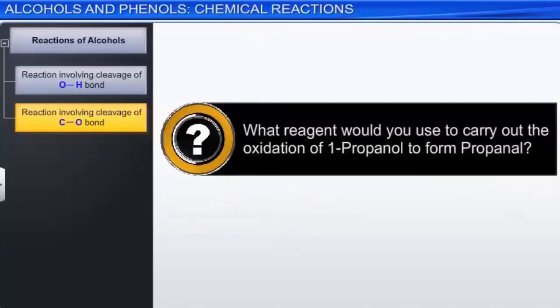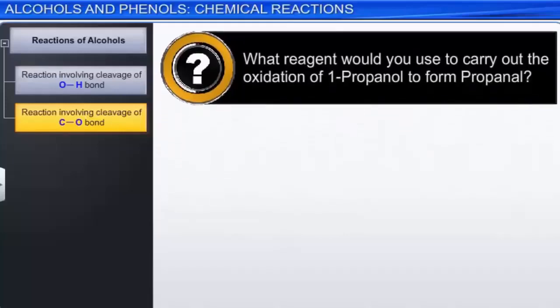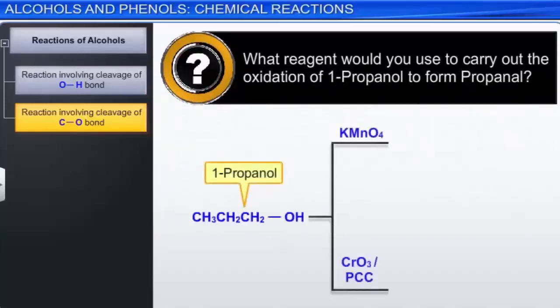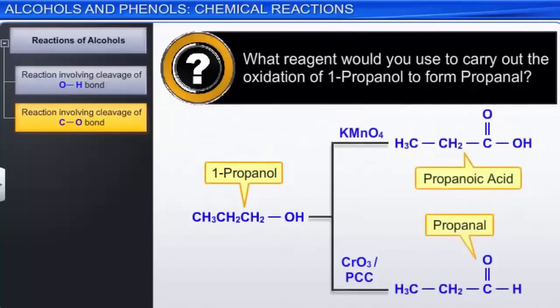From the structures, we see that this reaction converts a primary alcohol into an aldehyde. Therefore, we don't want to use potassium permanganate, which would make a carboxylic acid. We can use either PCC or chromic anhydride to carry out this reaction.